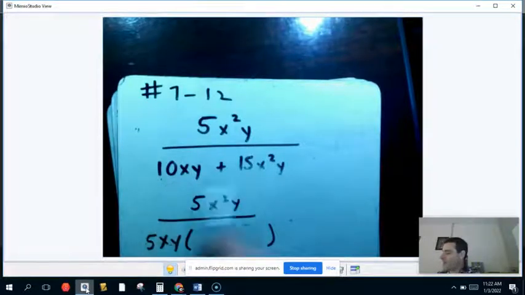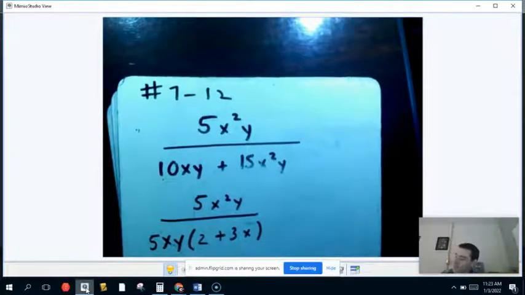If I were to divide both these by 5xy, 10xy divided by 5xy, 10 divided by 5 is 2, x divided by x is 1, y divided by y is 1, 15 divided by 5 is 3, x squared divided by x is x, y divided by y is just 1. Okay, so I end up with this.